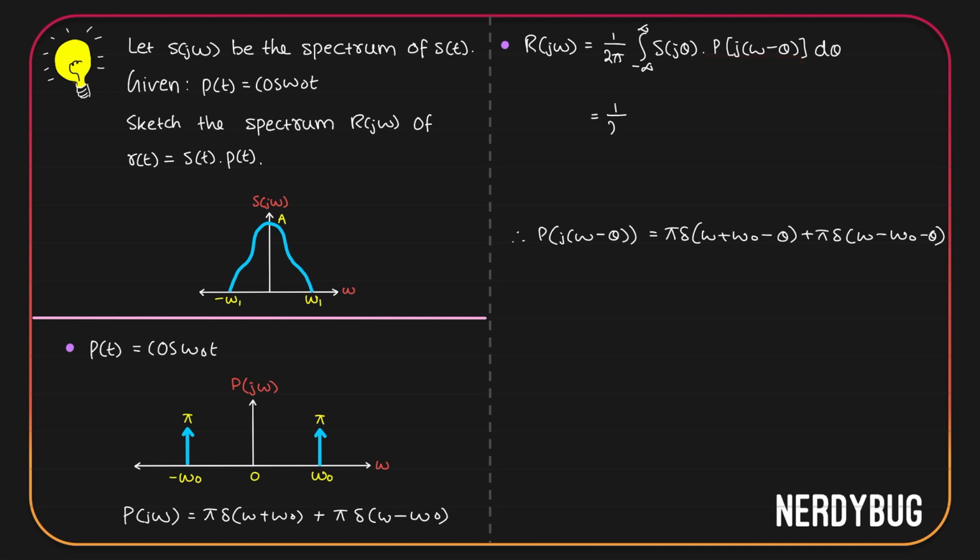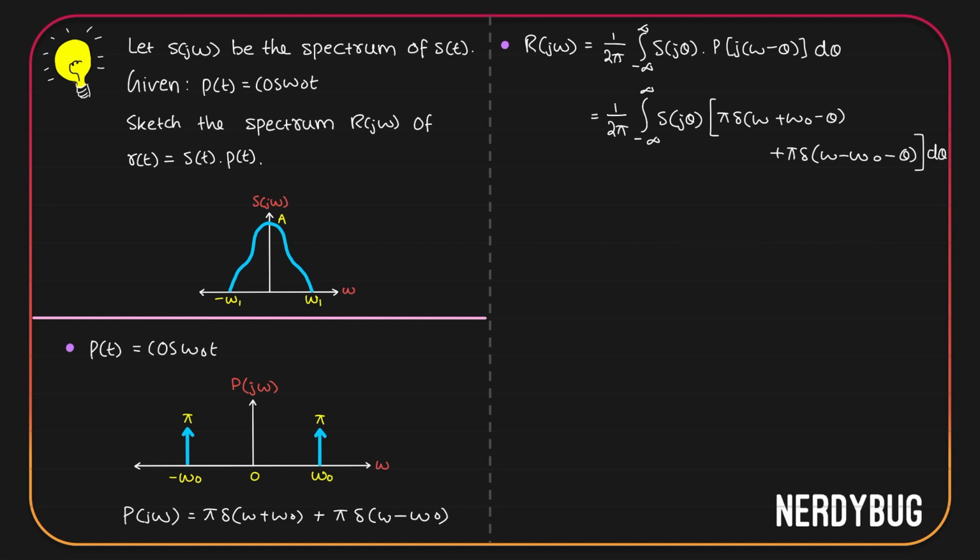So this becomes 1 by 2 pi integral from minus infinity to infinity S of j theta multiplied by pi delta of omega plus omega naught minus theta plus pi delta of omega minus omega naught minus theta. Let us now split the terms into two.